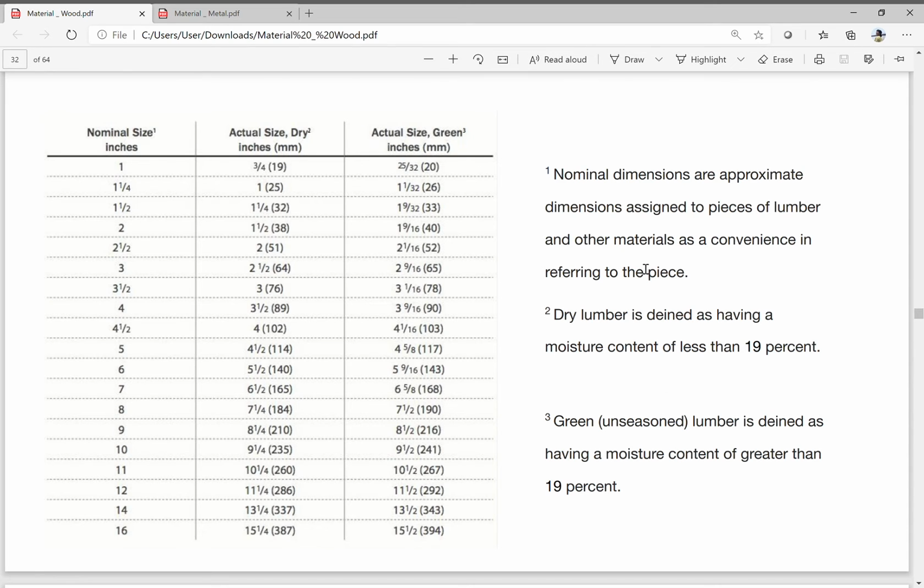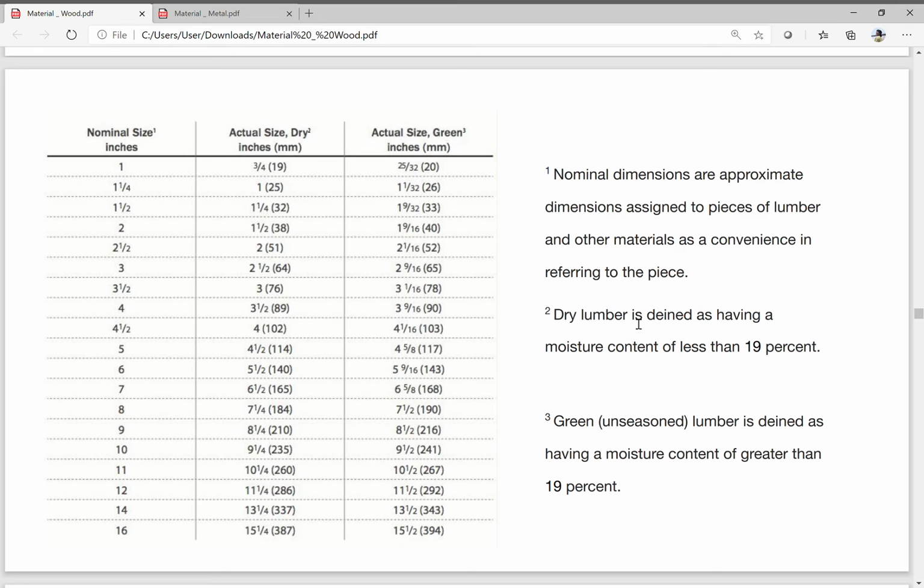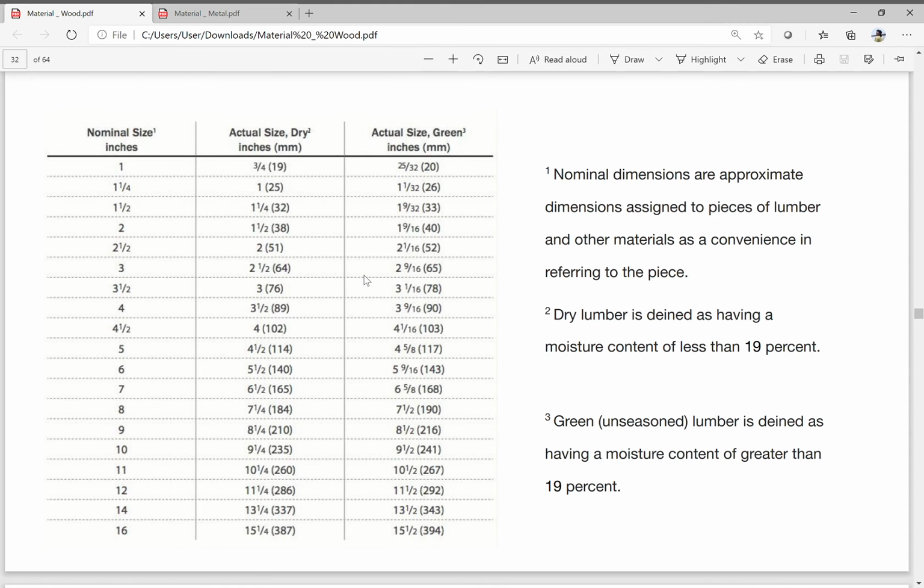Nominal dimensions are approximate dimensions assigned to pieces of lumber and other materials as a convenience in reference to the piece. Dry lumber is deemed to have a moisture content of less than 19%. So you have your nominal size: when you say 1 inch, the actual size is 3/4.